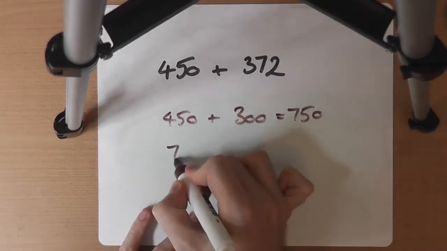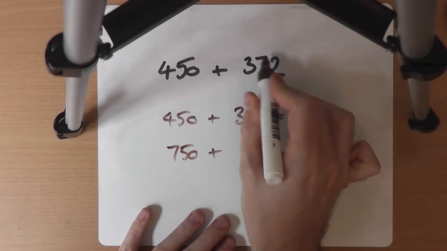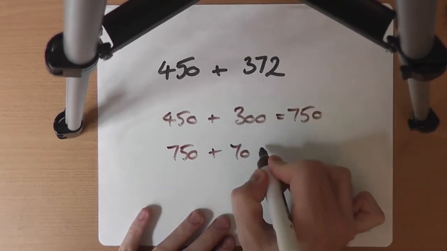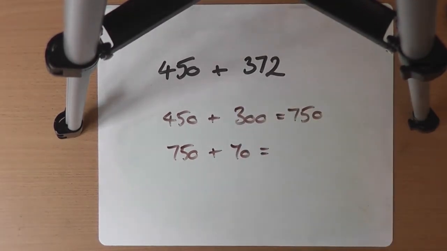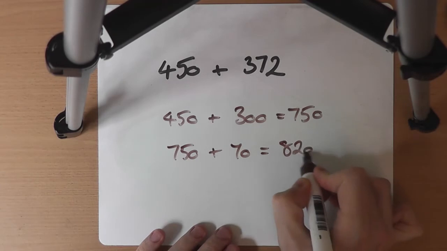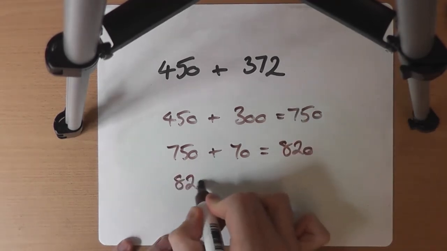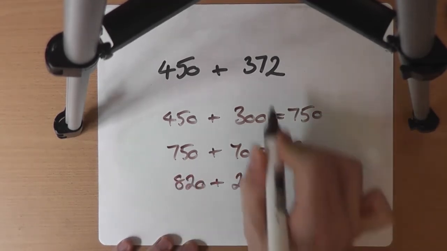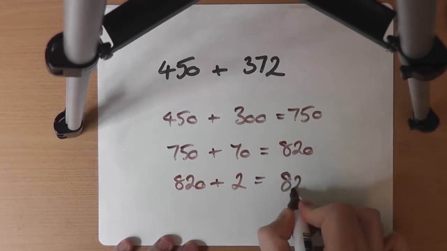We could now take our 750 and we could try adding on the next part, that's the 70. Well, 750, 60, 70, 80, 90, 100, that's 800, 810, 820. And then we could finally add on to the 820, the 2 at the end there, and get 822.